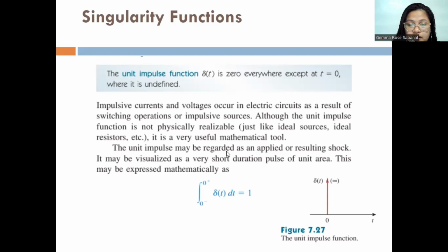The unit impulse may be regarded as an applied or resulting shock. It may be visualized as a very short duration pulse of unit area. This may be expressed mathematically as this one, and the figure below is an example of the unit impulse function.